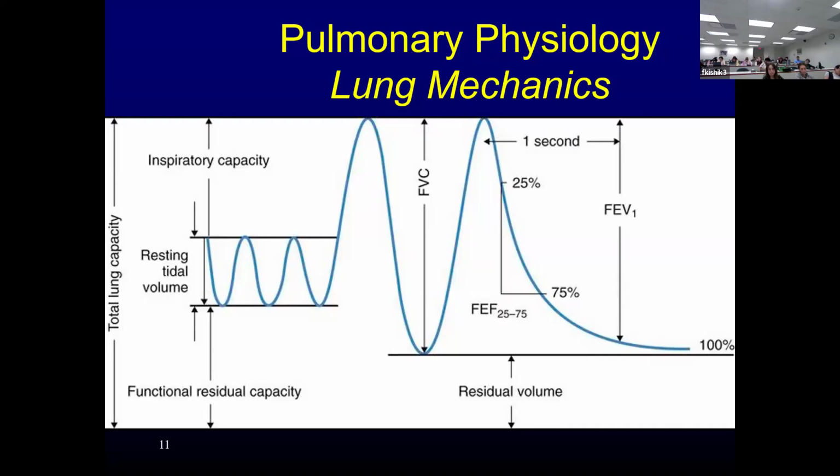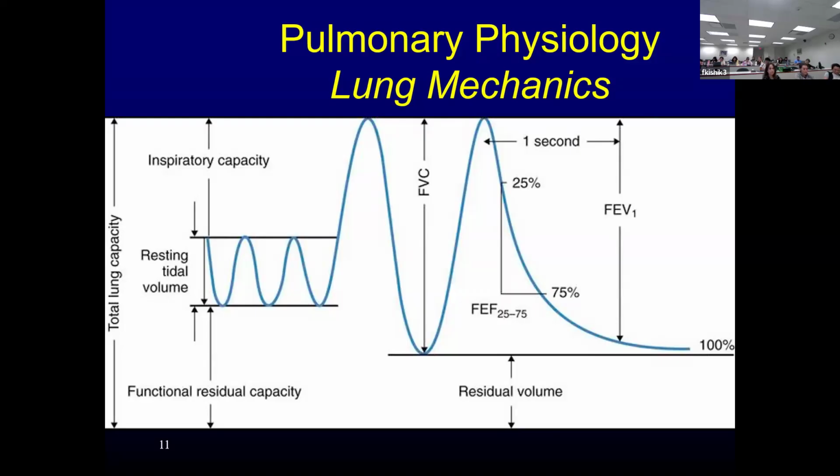People on the back, yes? Good. People on the left, yes? Right, yes? Democrats, yes? Republicans. But it's good to wake people up. So FEV1 by FVC is 0.80, people.